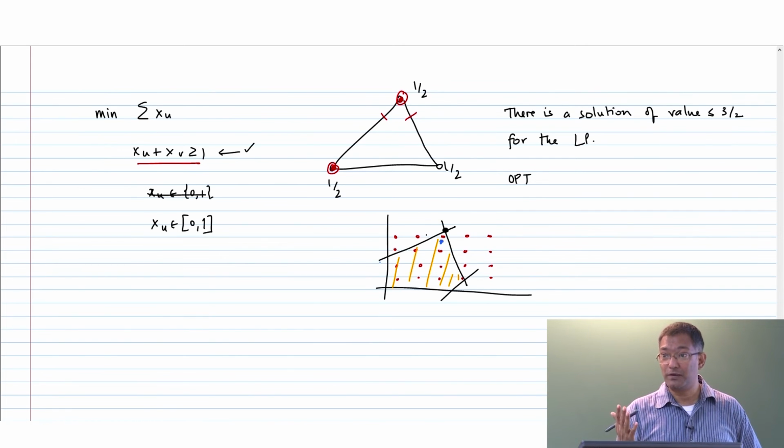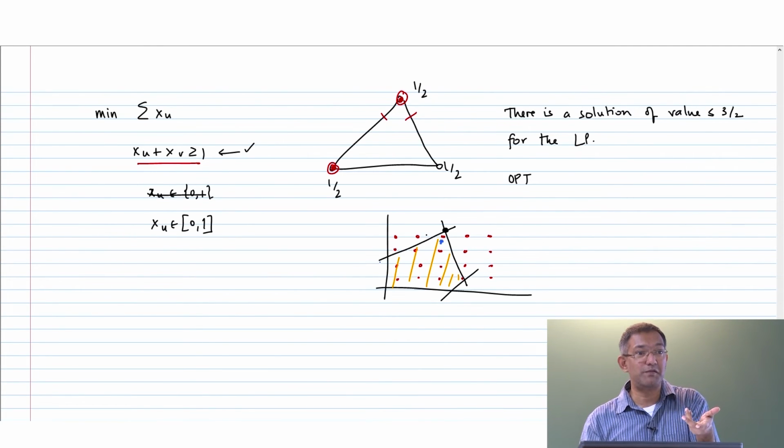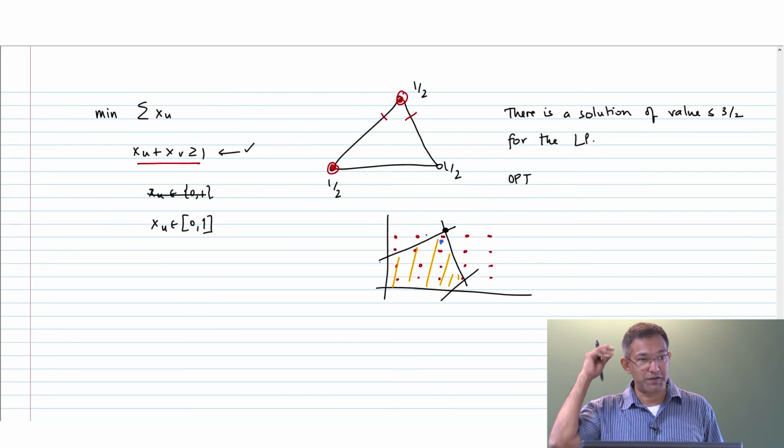So, this is what is going on. So, the integer program could have a value that is strictly smaller. Okay. For a maximization problem it is the reverse, but let us just stick with minimization.